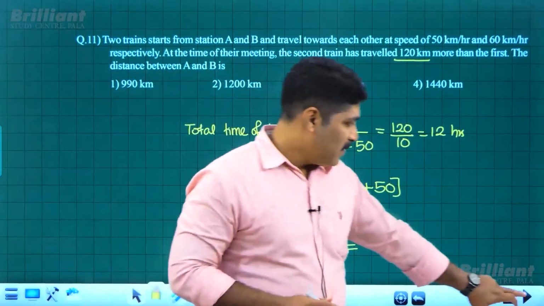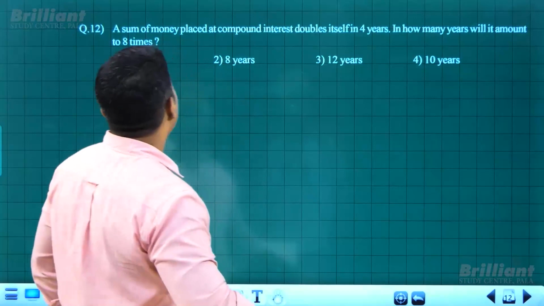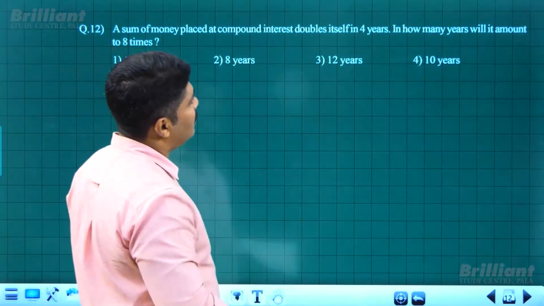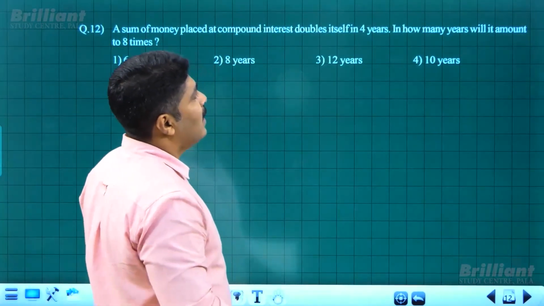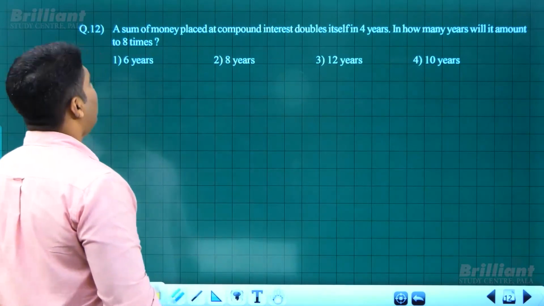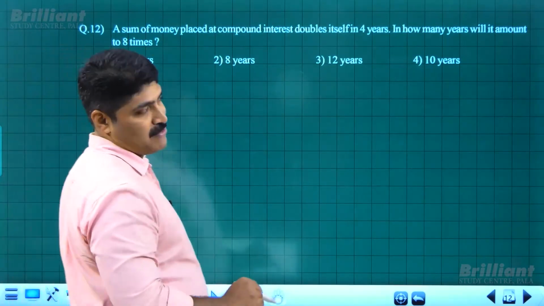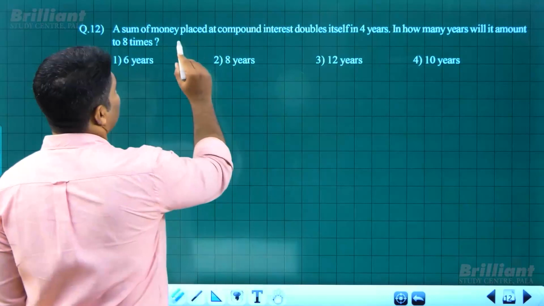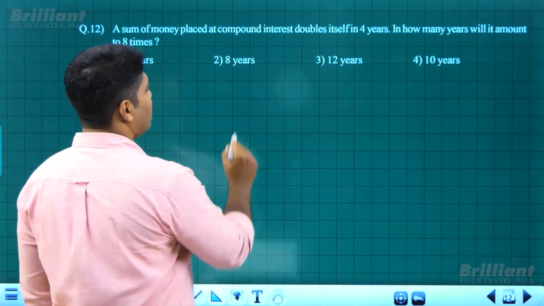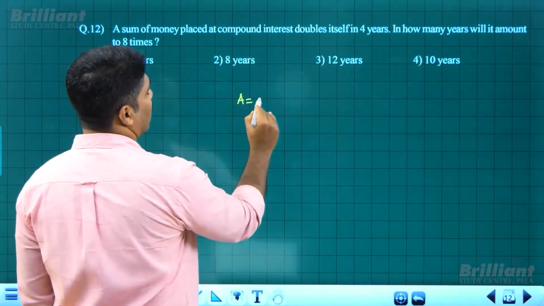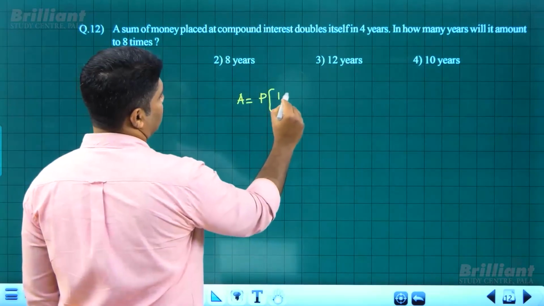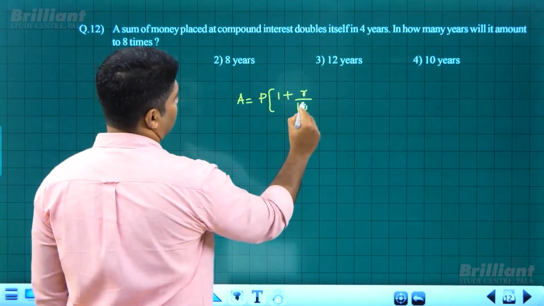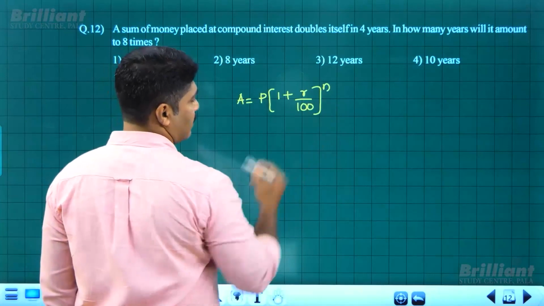Okay, then we can move to the next question. Here, a sum of money placed at compound interest doubles itself in 4 years. In how many years will it amount to 8 times? So there, a sum of money placed at compound interest, as we know the formula for finding the amount is P into 1 plus R by 100, the whole raised to n.